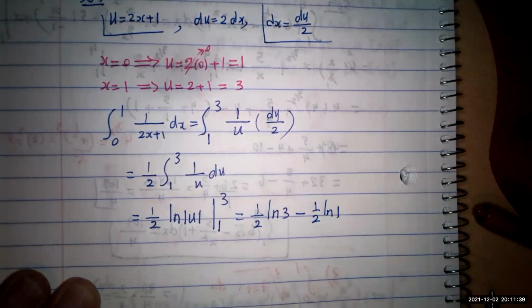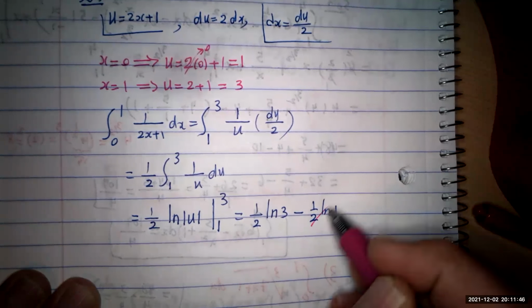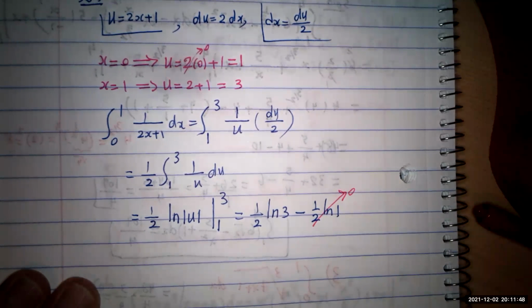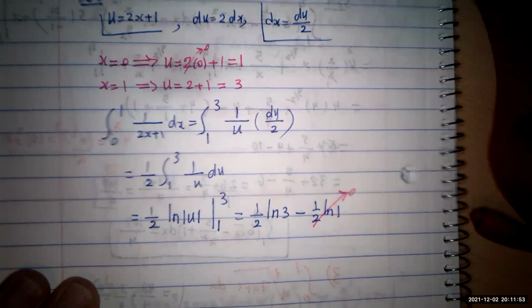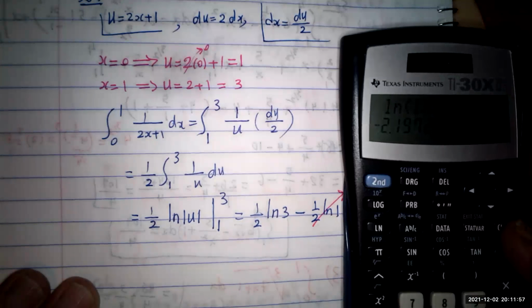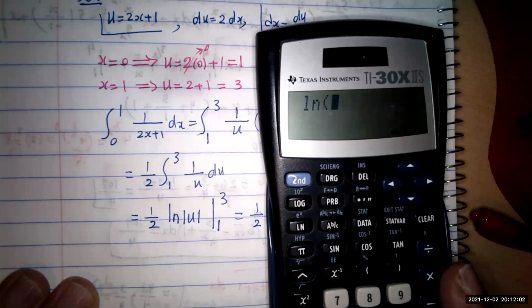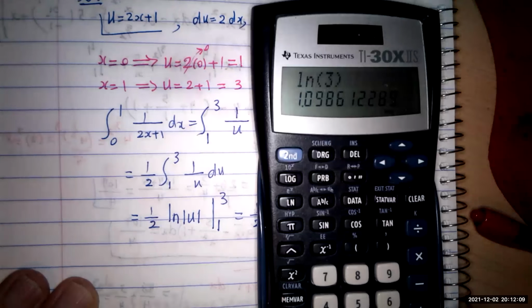You use your calculator to find the result. Ln of 1 is 0. So that would be 0. Ln of 3, you use your calculator to get the ln of 3. You need a 1/2 divided by 2.